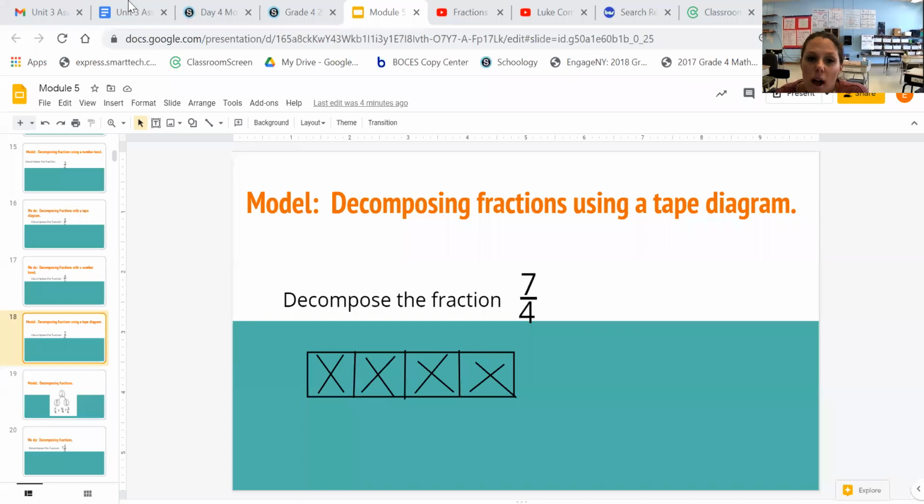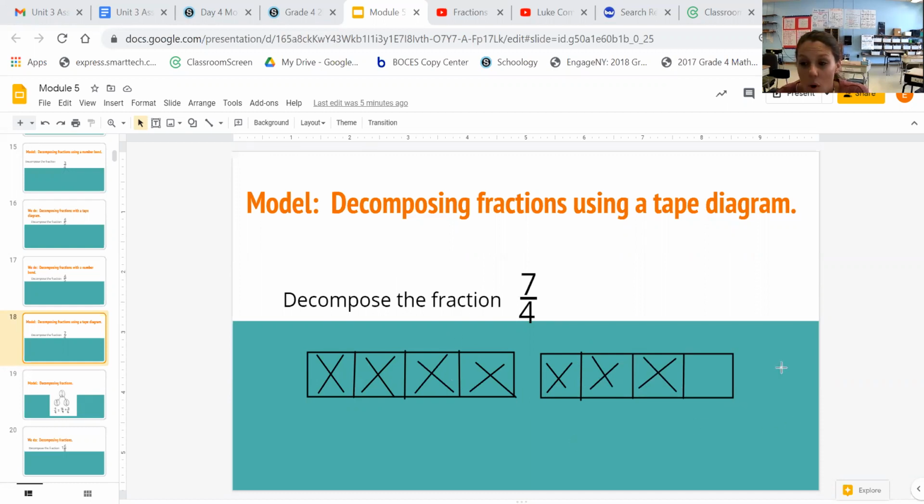So I would need to draw another whole. I need it to be the same size though. And I would break it up into 4 parts, 4 equal parts, because that's my denominator. And then if I have 4 already, I have to get to 7. So 4, 5, 6, 7.